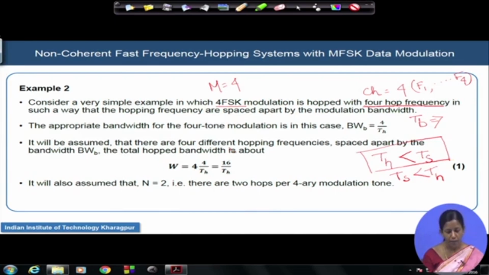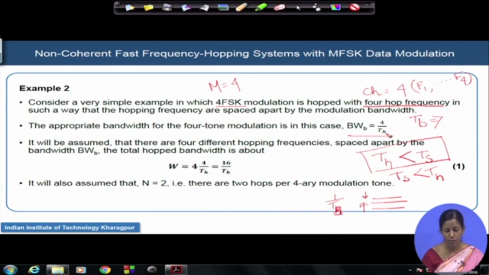The appropriate bandwidth for this 4 tone modulation can be written as BW equal to 4 by TH. What is this? 1 by TH, we saw earlier, is the separation between 2 MFSK carrier tones that we have selected. Earlier it was 1 by TS.